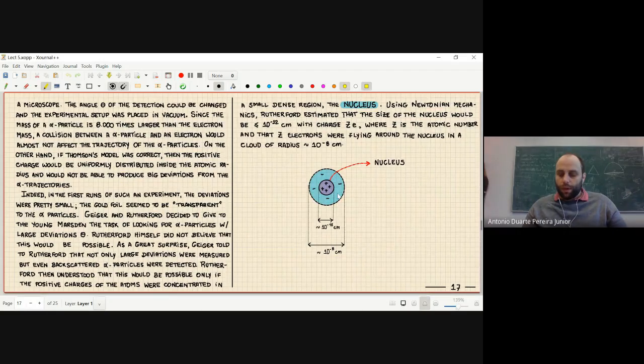These charges, which are the electrons, are accelerated in the sense that their velocity has to change with time, namely has to change direction in such a way that they keep in a circular motion. So there is an acceleration.